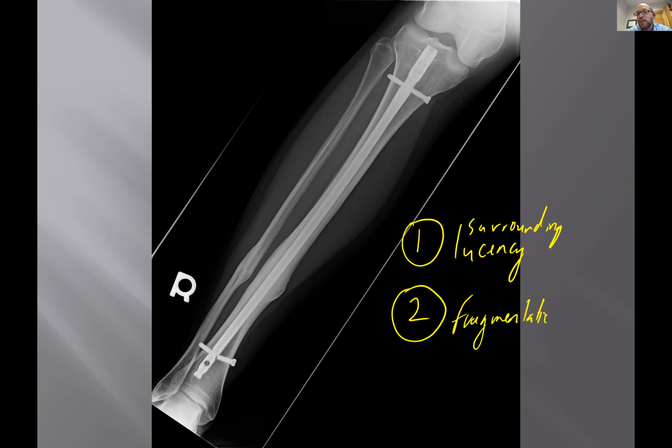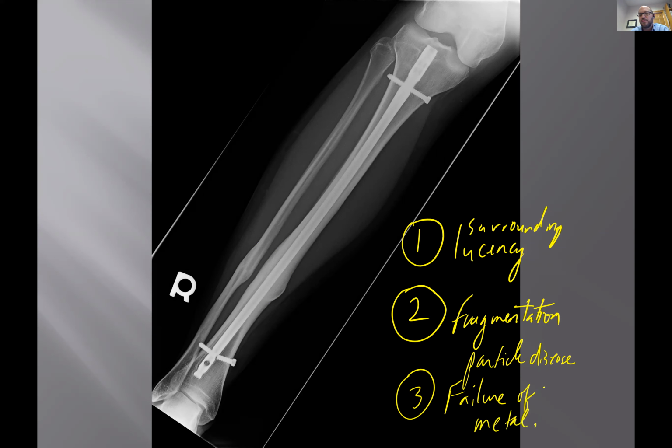Sometimes you can see some fragmentation there, and that could be what's called particle disease. And then the other thing you're looking for is actual failure of the component of the metal. Surrounding lucency is going to be either infection or loosening.